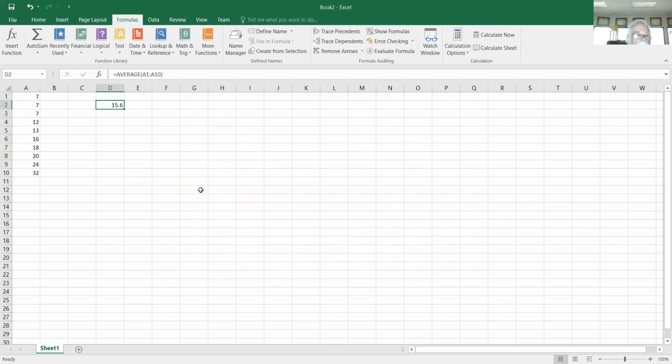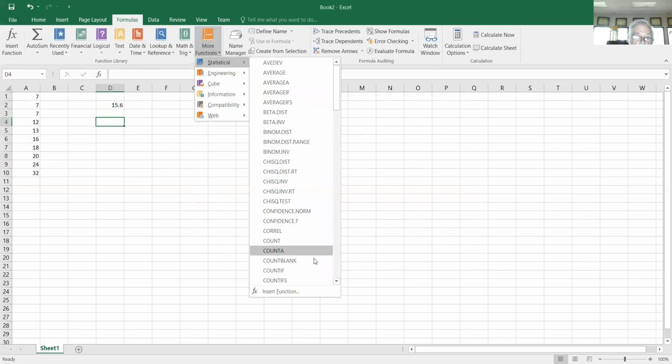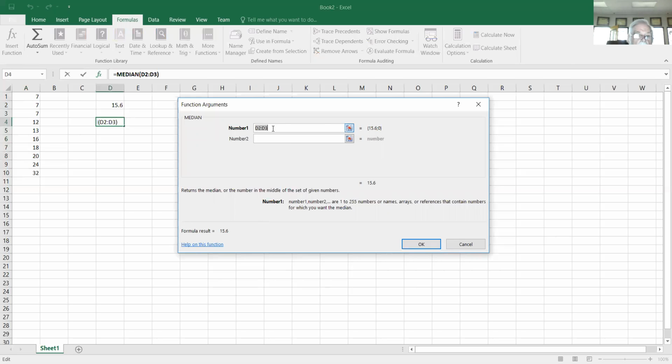So we can use this for our data set. We can also go to the median. Again, the median is going to be of the same range, A1 to A10. Click OK.